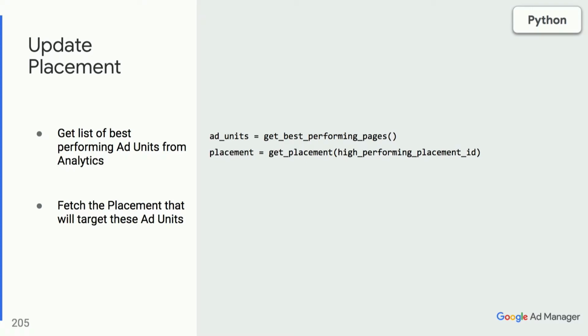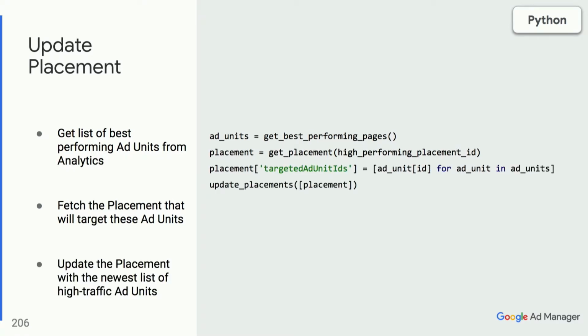So we're going to get the placement itself. And then the interesting part is that we want to set the targeted ad unit IDs of the placement. So really all we need to do is loop through the ad units that we got earlier, extract the ID field, and then set that to the targeted ad unit IDs. And then finally, we need to update the placement back in Ad Manager, which again, the example is in the resources slide.